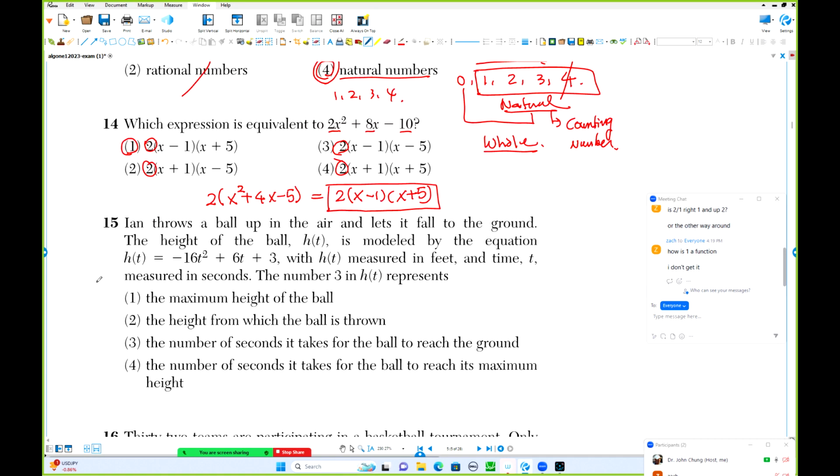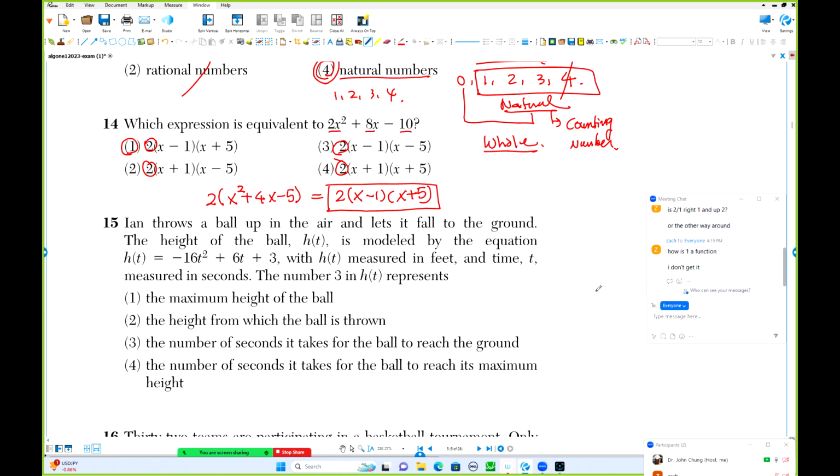All right, number 15. A guy threw a ball up in the air and let it fall to the ground. The height of the ball, h of t, is modeled by the equation, where the height is expressed in terms of time t. T is in seconds and height is in feet.